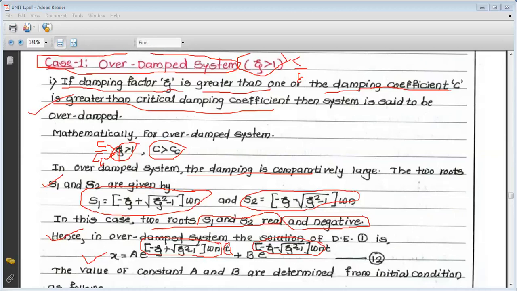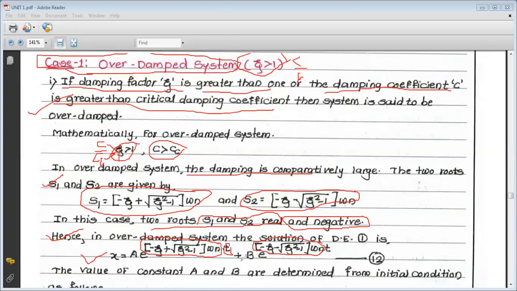So this is the general solution of the overdamped system for the differential equation m x double dot plus c x dot plus k x equals 0.